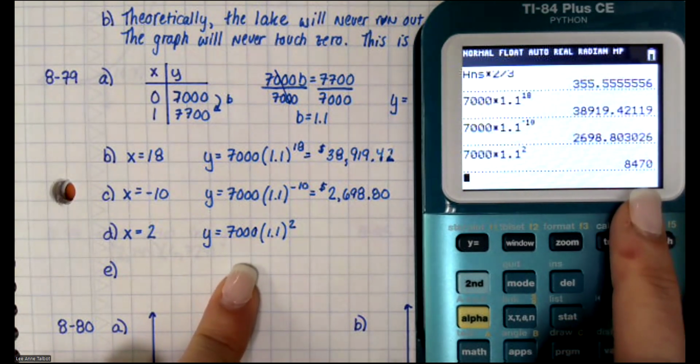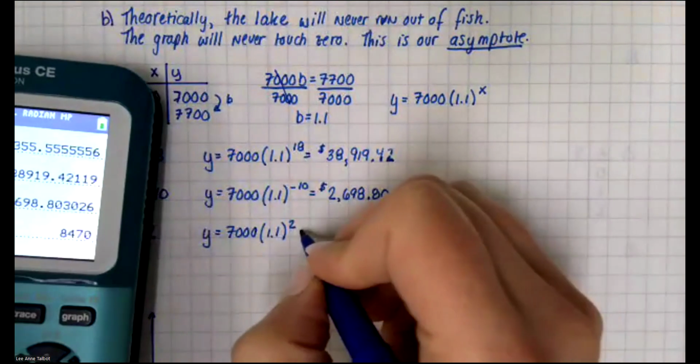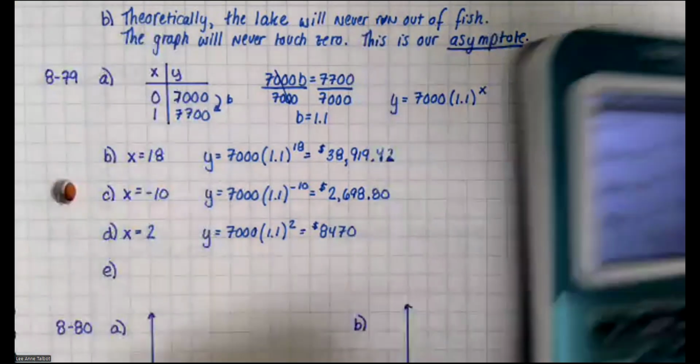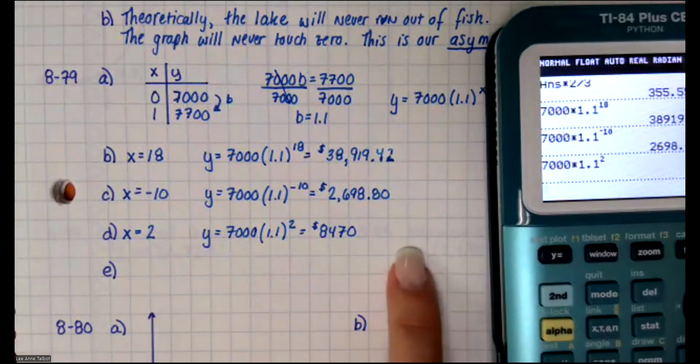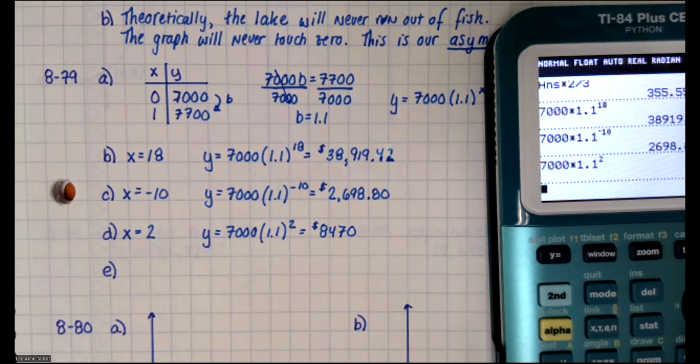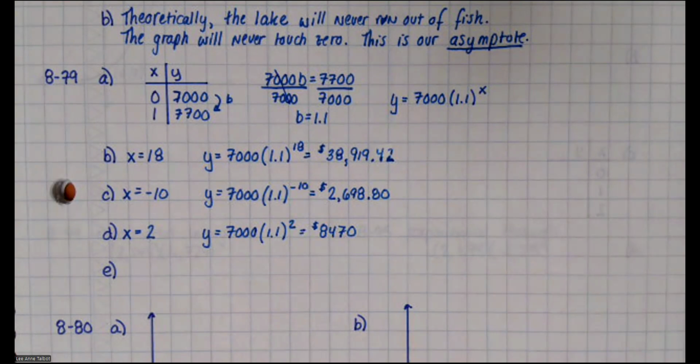Yep, 8,407. Now, if it comes out evenly, you don't need to put .00. You can just leave it like that. Okay. Last one for this.